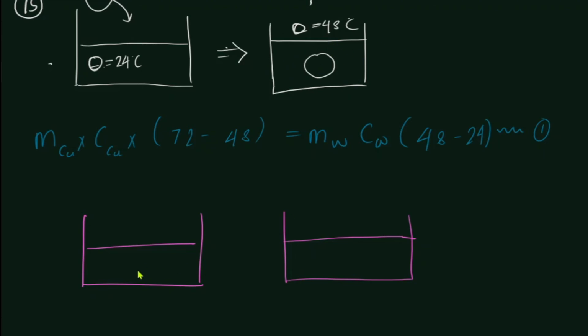Once it cools down to the room temperature theta r, after removing the copper sphere, they are inserting once again another steel sphere, right?